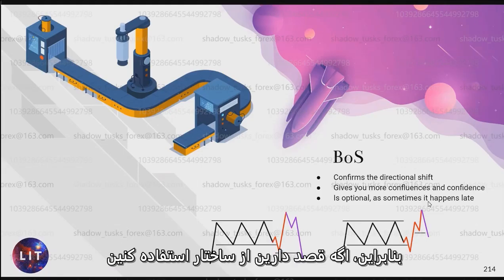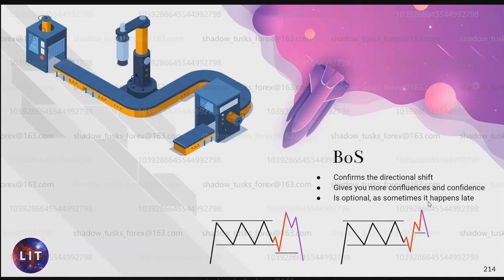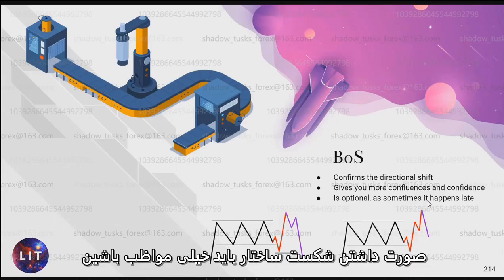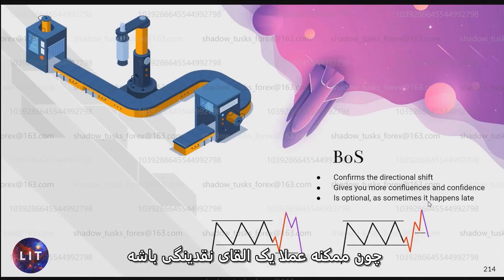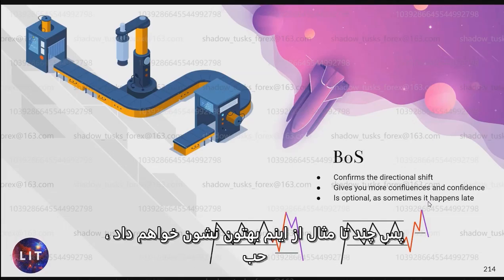So if you are going to use structure, you have to apply it in the correct way, and you need to be very careful if you've had a BOS, but it's actually an inducement of liquidity, and now it's coming against you. So I will show you some examples of that as well.